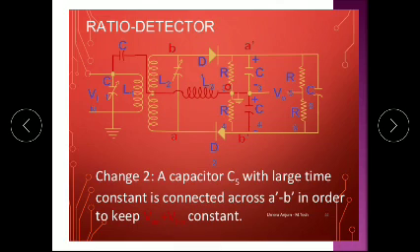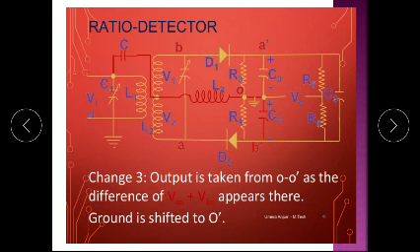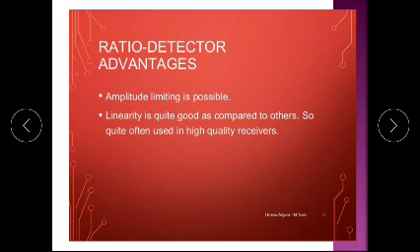Similarly, the second change we are doing in the ratio detector is that a capacitor C5 with a large time constant is connected across the A dash B dash terminals in order to keep it constant. The third change is that the output is taken from O O dash, and as the reference, ground is shifted to zero level. Okay. So the ratio detector advantages are that amplitude limiting is possible and the linearity is quite good as compared to others, so it is quite often used in high quality receivers.